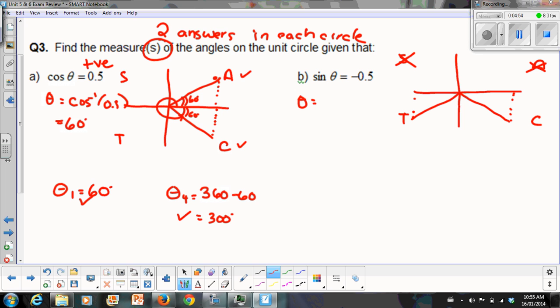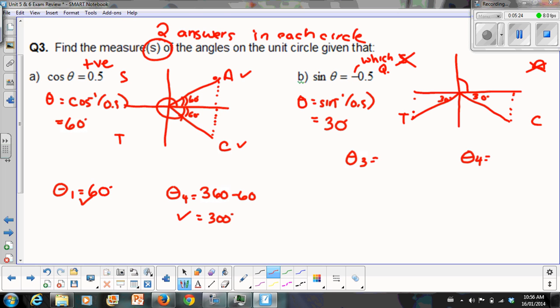If we take the inverse sine of 0.5, we get 30 degrees. I am not including the negative because the negative just tells us which quadrant we're in, and we've already determined that. Now we know that we have 30 degrees here and 30 degrees in this triangle, and therefore in quadrant 3 and in quadrant 4, we have angles related to 30 degrees.